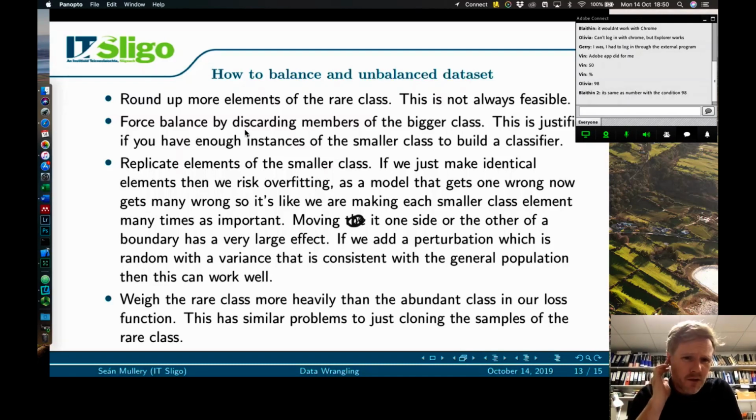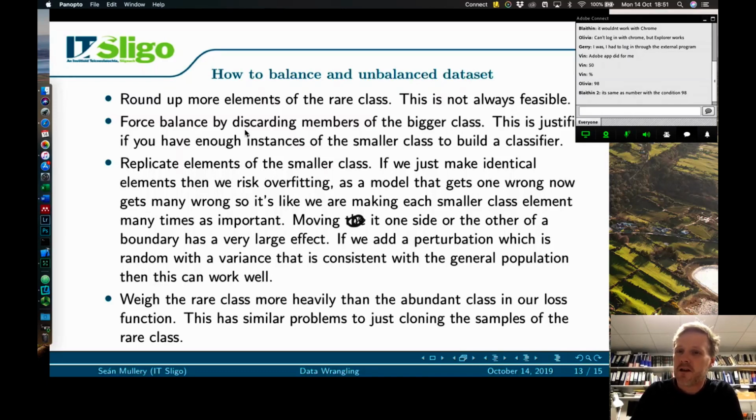The other thing we can do is weigh the rare class more heavily than the abundant class in our loss function. This has similar problems. Our loss function is now a little bit different, but it treats the rare class as being more significant than the abundant class. It has the exact same problems of overfitting, where if you move one side or the other of that boundary, it can cause a massive effect.